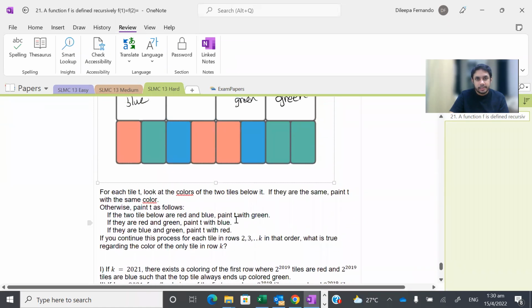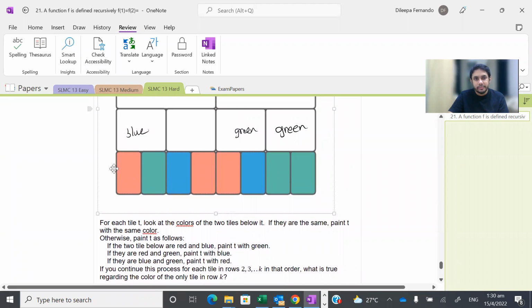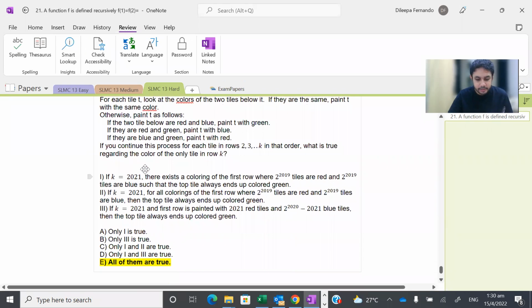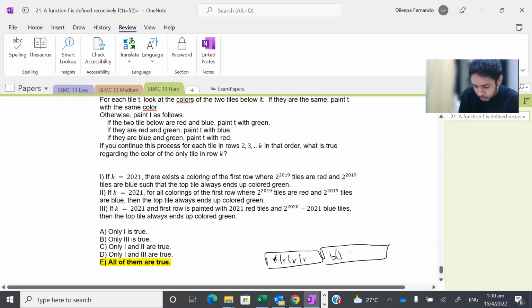So let's say the first half is red and the second half is blue. First half red, red, red, red. Second half blue. You can see that up to the last point, all the colors in the first half become red, and all the colors in the second half become blue.